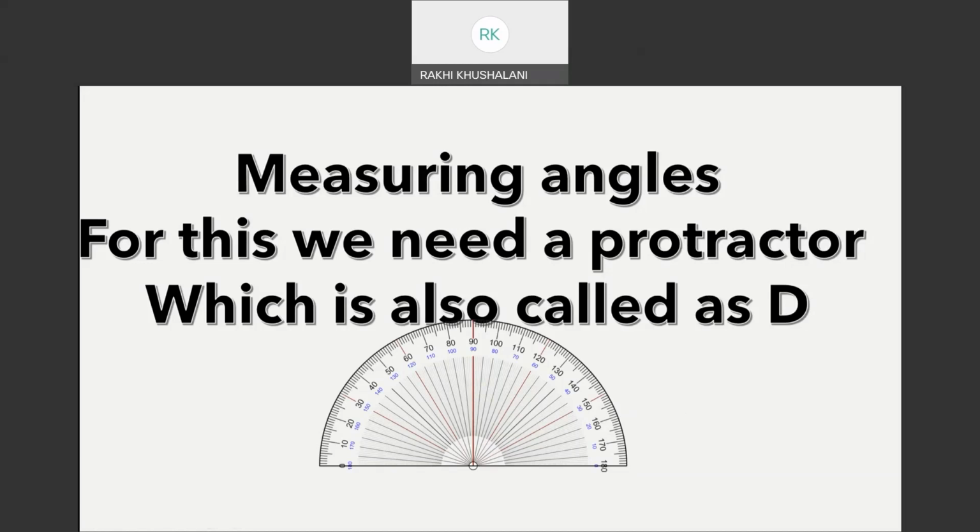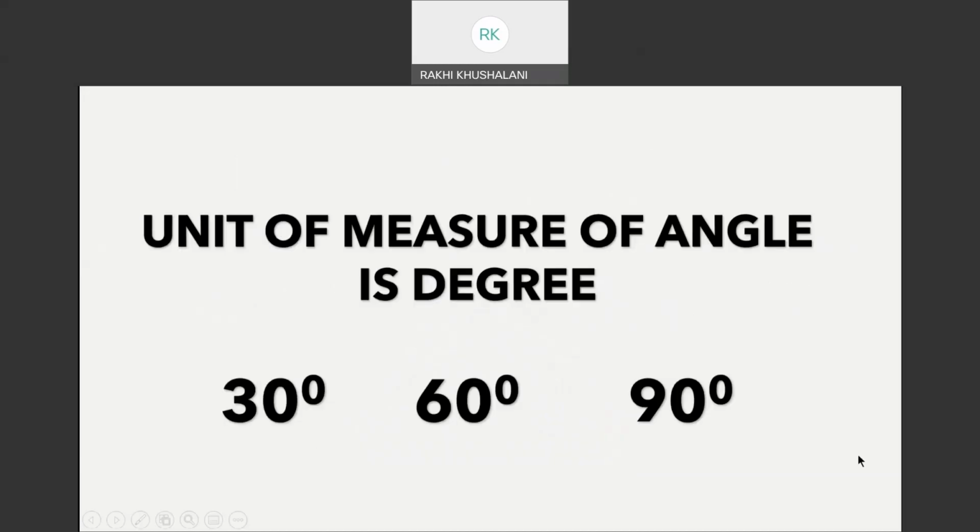Remember what we call it, a protractor, which is also called a D. Now the unit of measure of an angle is degrees. Okay, it's not the temperature degree.